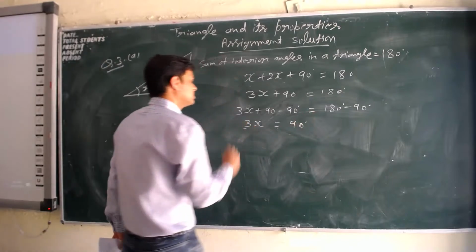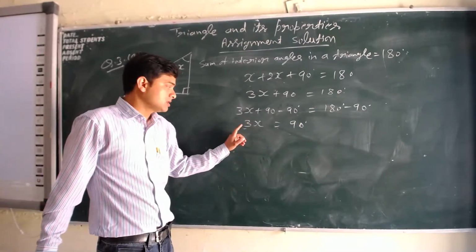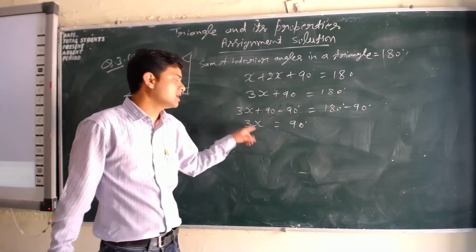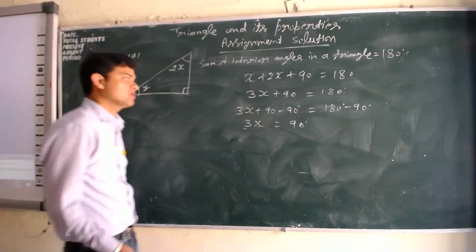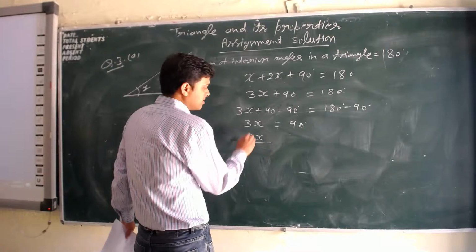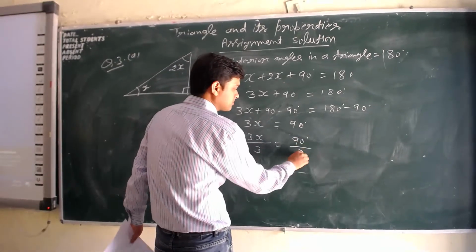Now we have to eliminate 3 because we have to calculate x. For this elimination, we have to divide the same number on both sides because 3 is multiplied with x. It means we divide the same number, that is 3, on both sides.